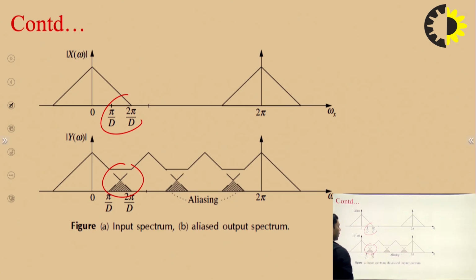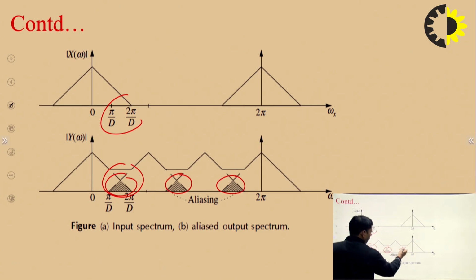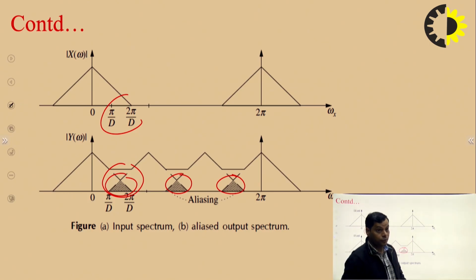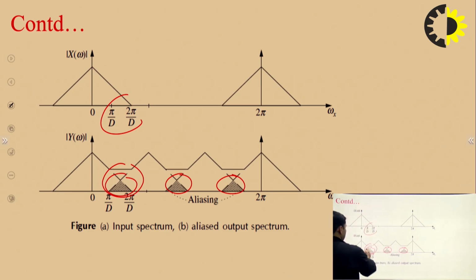So this is named aliasing. So in that way we have to remove this part while designing the anti-aliasing filter, before the output is applied to the downsampler. So the response should be like this, as you can see here.